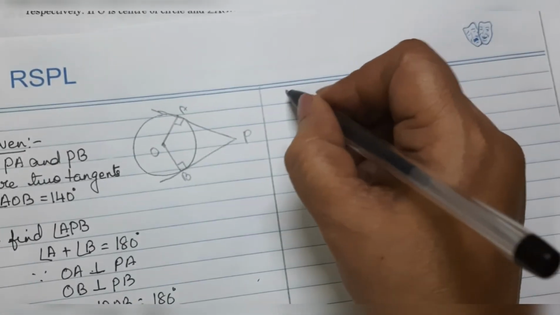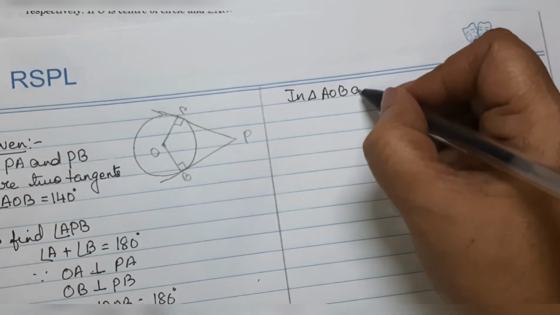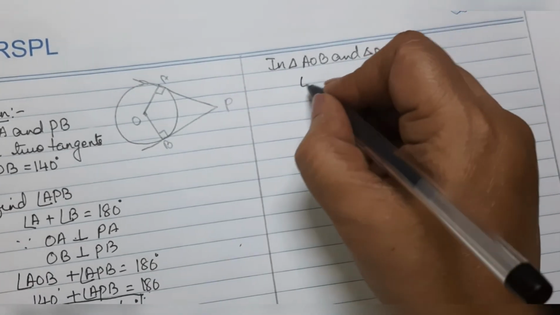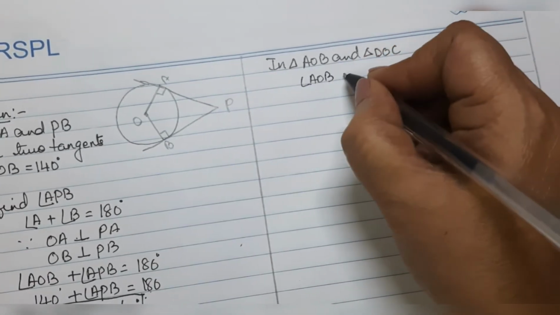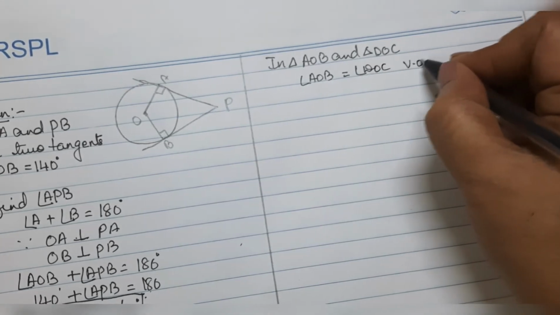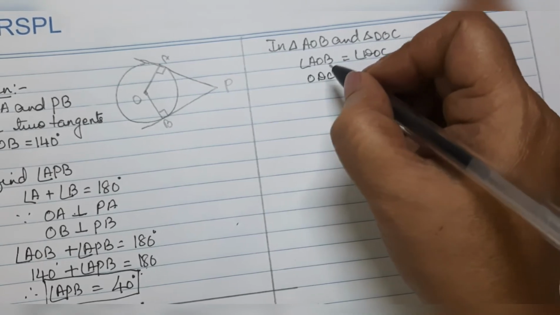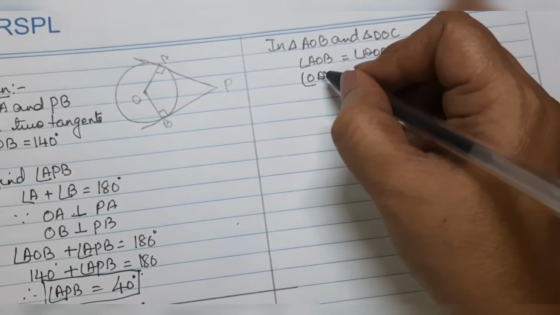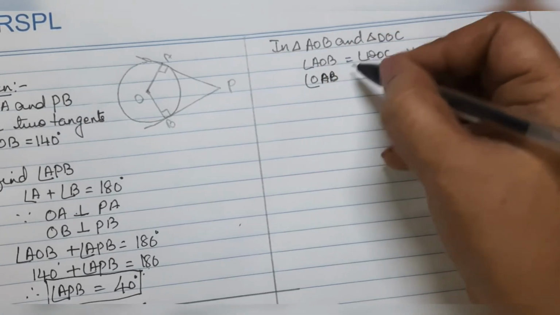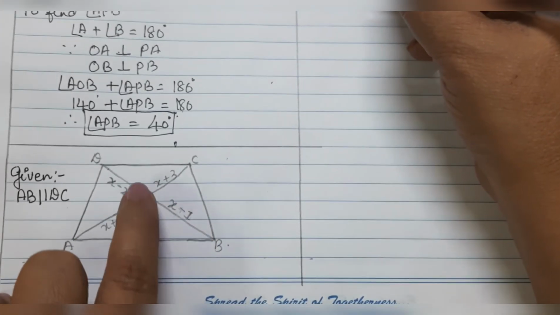So here in triangle AOB and triangle DOC, angle AOB is equal to angle DOC, vertically opposite angles. Then one more, angle OAB will be equal to angle OCD.